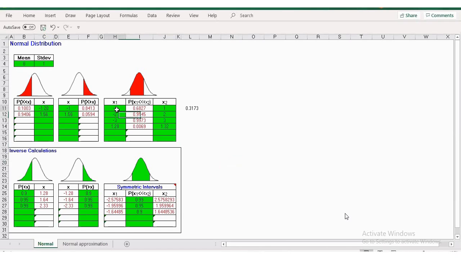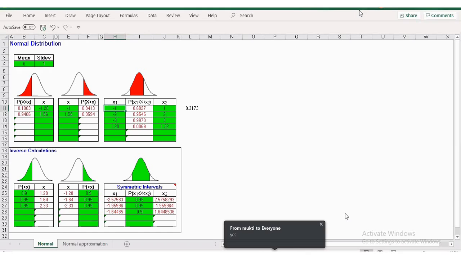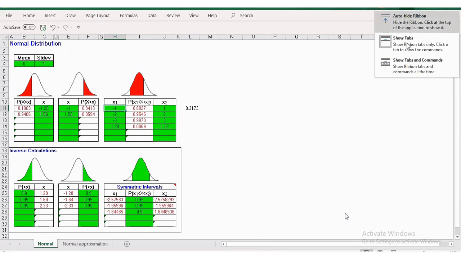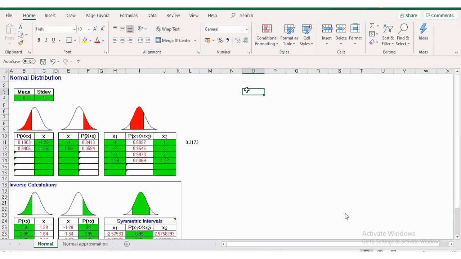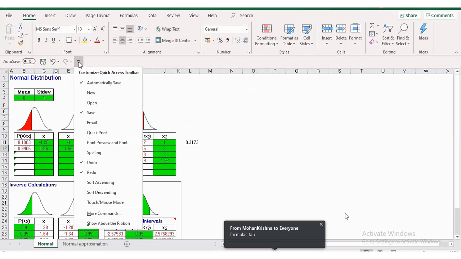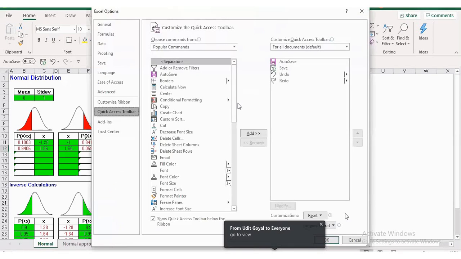So what is the function I used? How can I see the formula kind of thing here? Some problem. Again, it's gone. Formula also I should get now here. I should enable that.